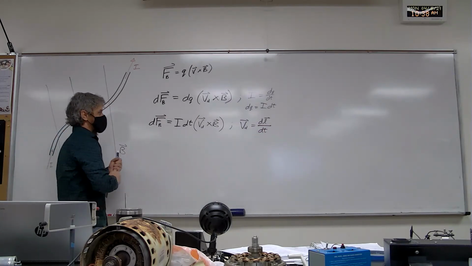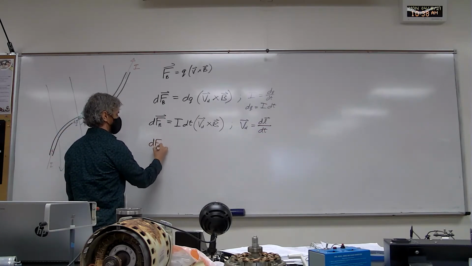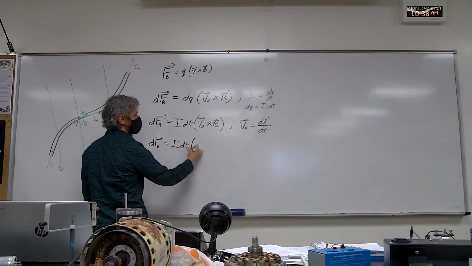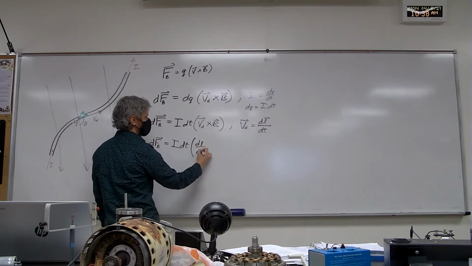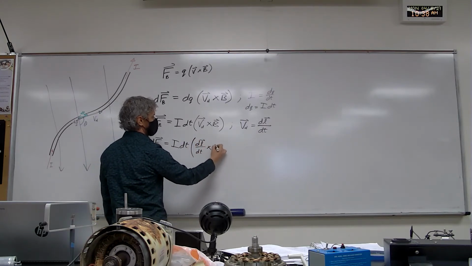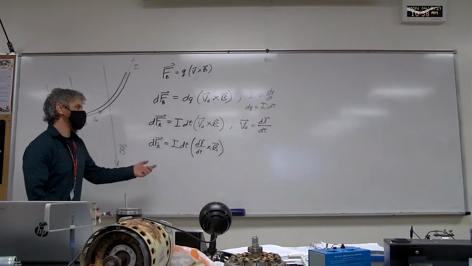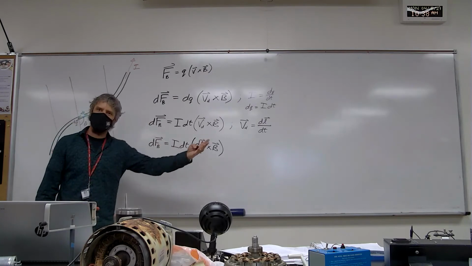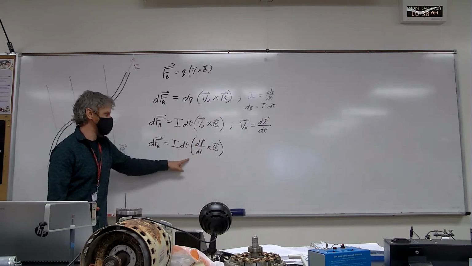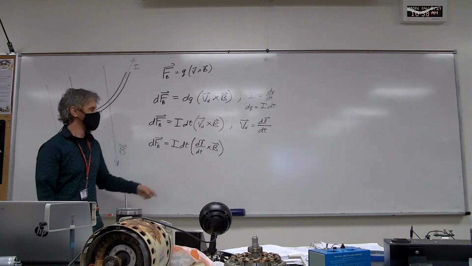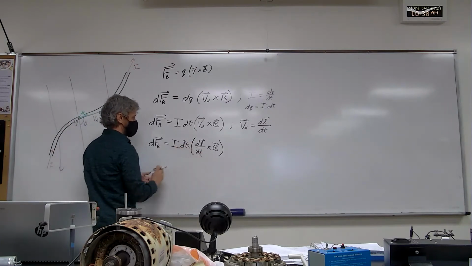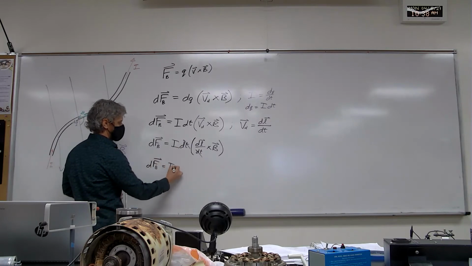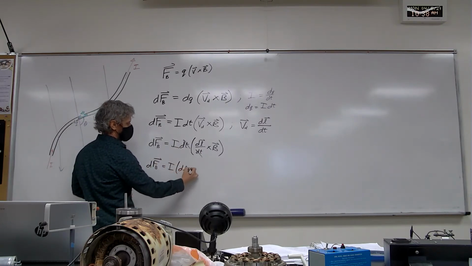And so when I do that, I have dFb, the differential magnetic force, equals the current times dt times dl over dt crossed with B. And when you're dealing with cross products, just like derivatives and integrals, you can pull constants out. So I can pull this 1 over dt out, and it will end up canceling with this. And so I get the differential magnetic force is equal to the current times dl cross B.